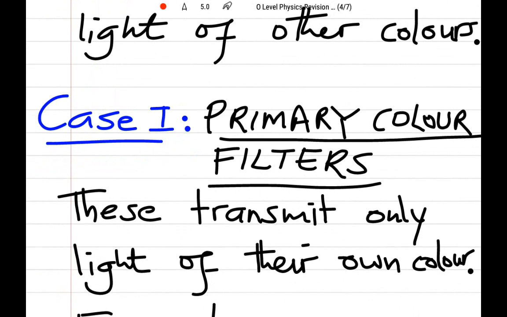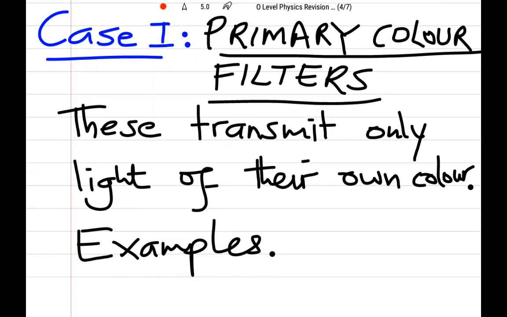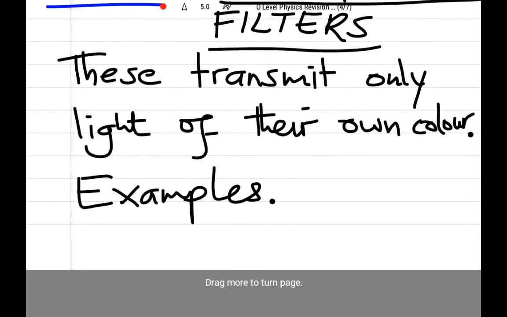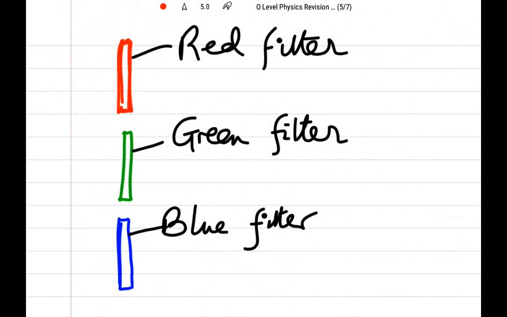And we have basically two cases that I want us to consider seriously. The first case is when you have a primary color filter. A primary color filter will only transmit light of its own color and it will absorb the rest of the colored lights. Let's take an example.